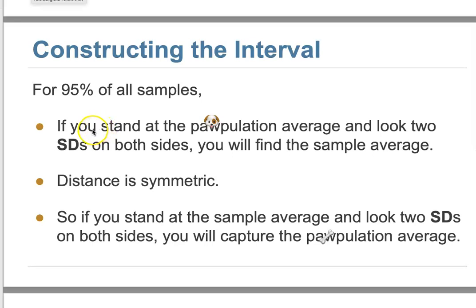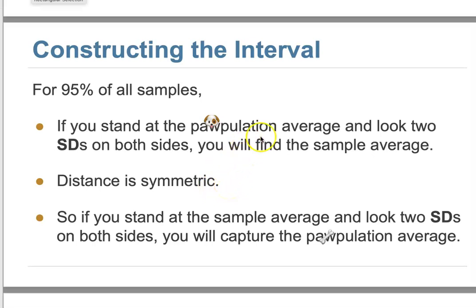The first thing to remember is you stand at the population average, you look 2 standard deviations to the right and to the left, and that's the interval. Your sample average should be in that range, 95% of the time. And also the distance is symmetrical.